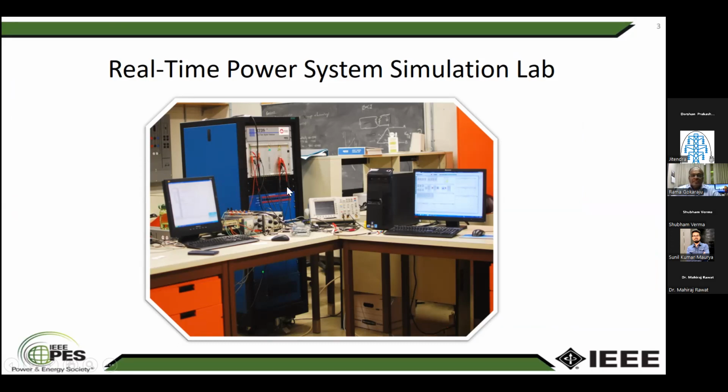We have 2 racks, and that is for the electromagnetic simulations, the small time step simulations, and then we do the closed loop testing. I don't have any relays in this picture, but typically we use the manufacturer relays or the DSP boards, FPGA boards for closed loop testing, similar to what you have at IIT Kanpur, the Power Lab.